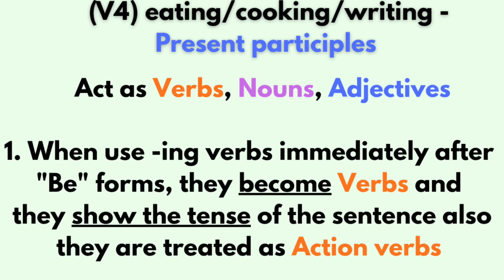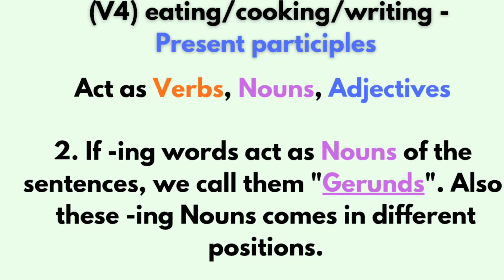We'll see the second case. Second definition: if ing words act as nouns in the sentence, we call them gerunds. So whenever you find an ing form of verb in a sentence, if it acts as a noun, we call it a gerund, because they act as nouns, and gerunds come in different positions. I'm not talking about verbs and adjectives, I'm talking about nouns.